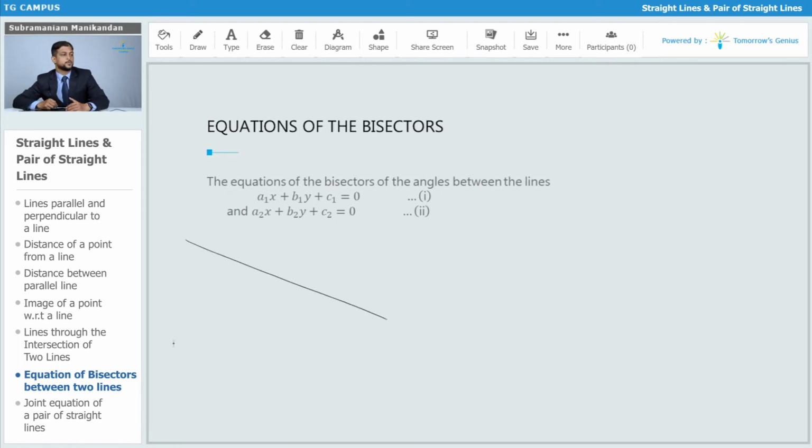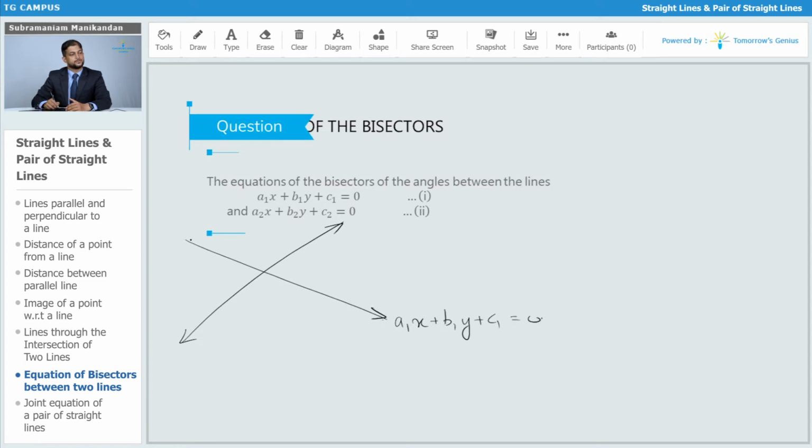Say this is the equation of the first line and this is the second line. The equation of the first line is a1x + b1y + c1 = 0, and a2x + b2y + c2 = 0.